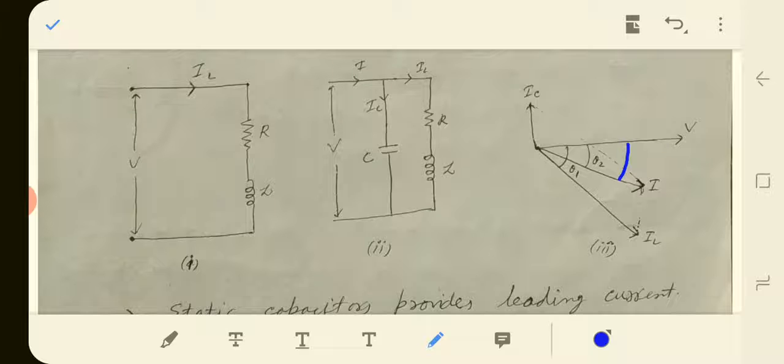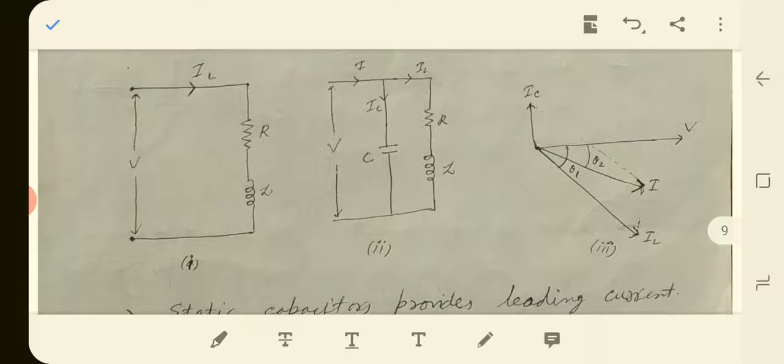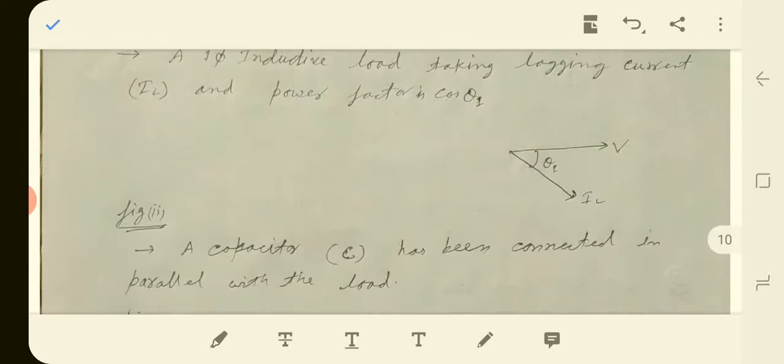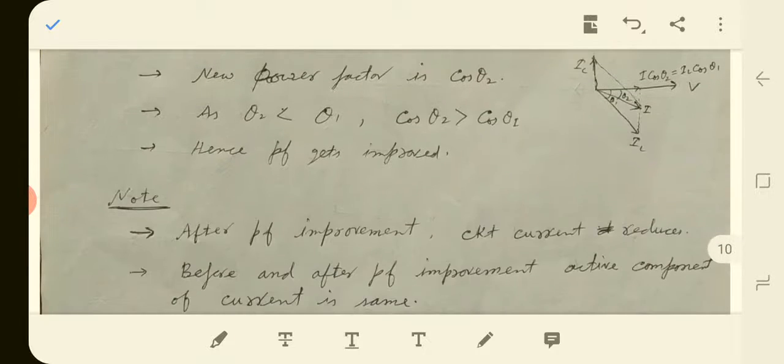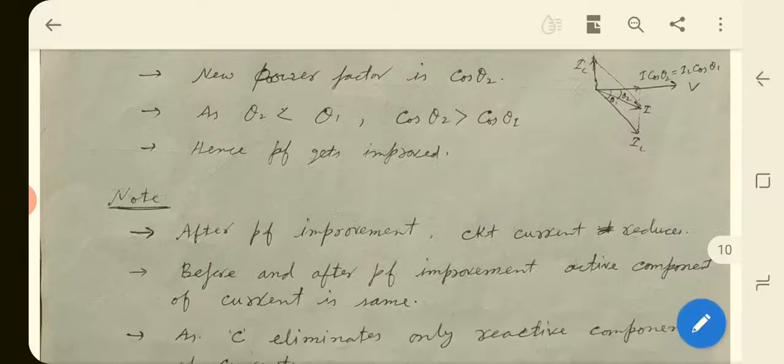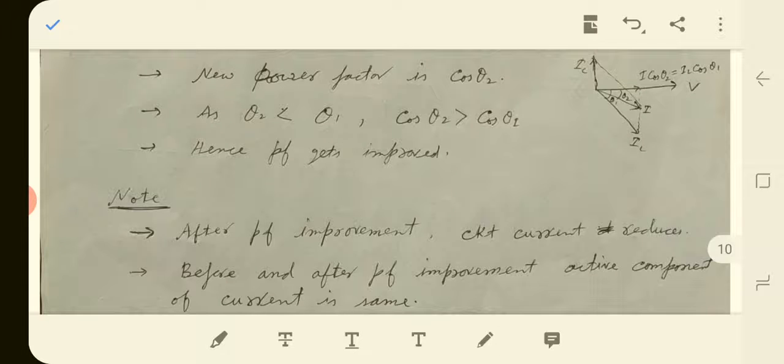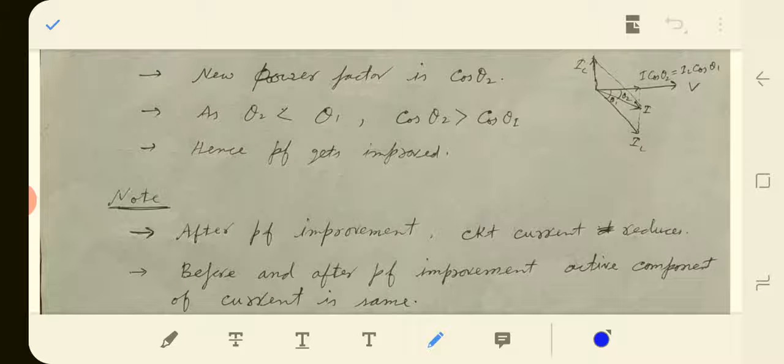As we see, phi 2 is less than phi 1, and the power factor is cos phi. So cos phi 2 will be greater than cos phi 1, hence the power factor gets improved.